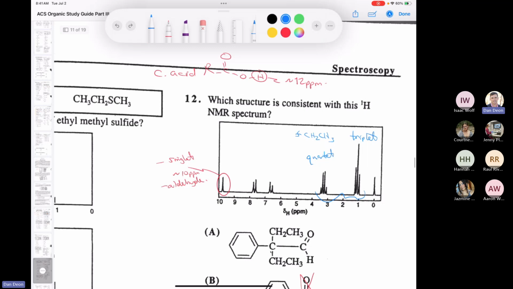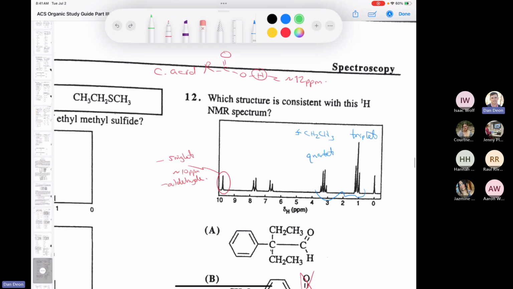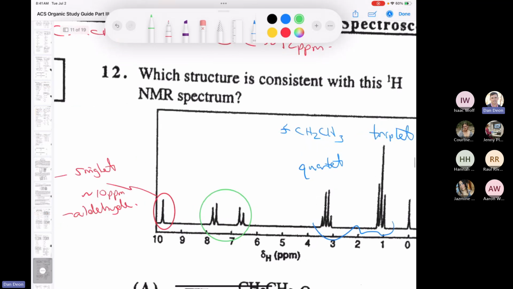So where we're going to decide is actually by looking in the aromatic region. Now remember, aromatic is somewhere around 6.5 to 8. So this is aromatic. Do you guys remember what I told you when you have two doublets that are leaning in towards each other like this? Does anybody remember what that represents on an aromatic ring? Something that I went over with you in the second day of lecture on NMR this summer.